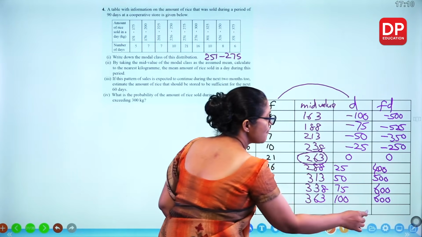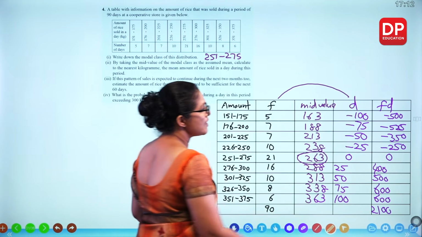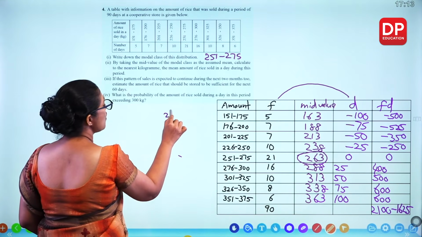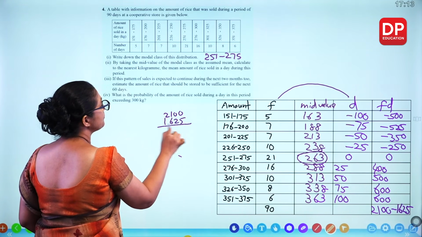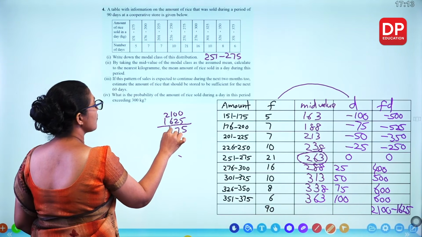Now add the positive values. You get 2100. So when you add negative numbers, you get 1625. What's the difference? 2100 minus 1625. 475.